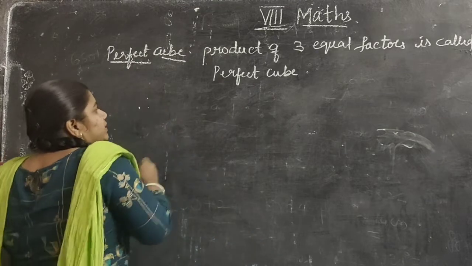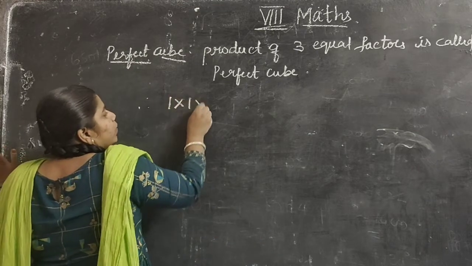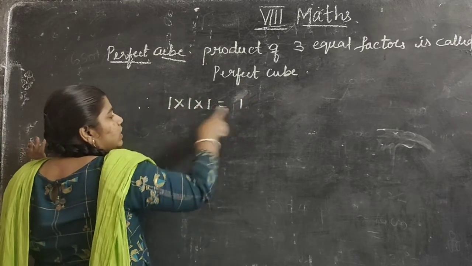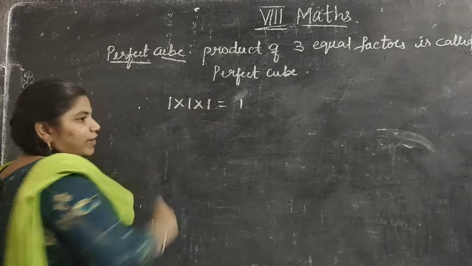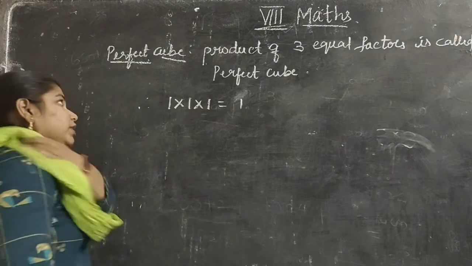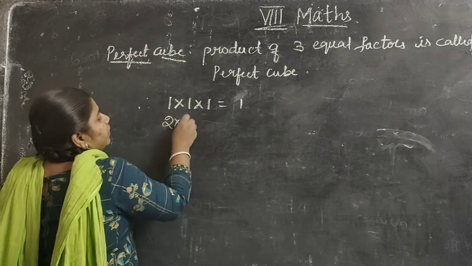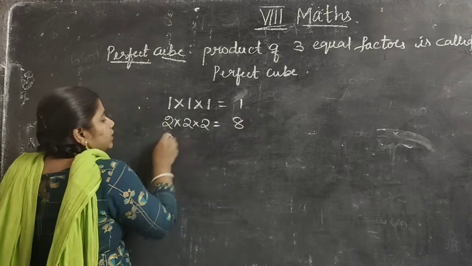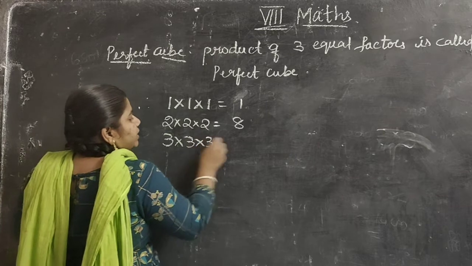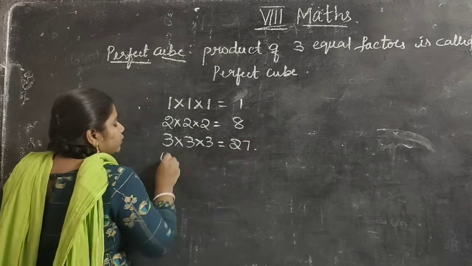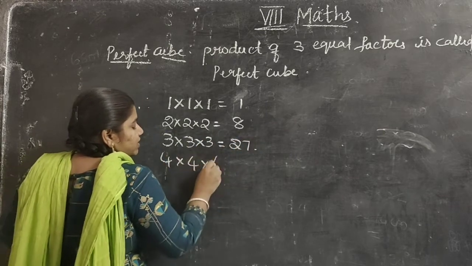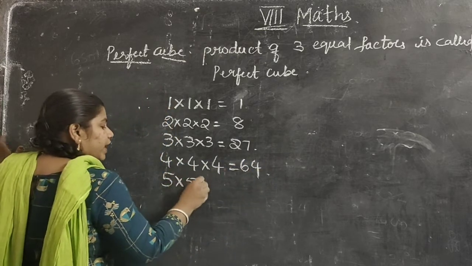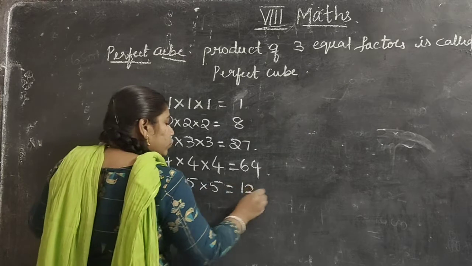So we can take the examples as 1 into 1 into 1, that is 1. 1 ones are 1, 1 ones are 1. Product of three equal factors is called a perfect cube. In the same way, 2 into 2 into 2 is equal to 8. 3 into 3 into 3 is equal to 27. 4 into 4 into 4 is equal to 64. 5 into 5 into 5 is equal to 125.